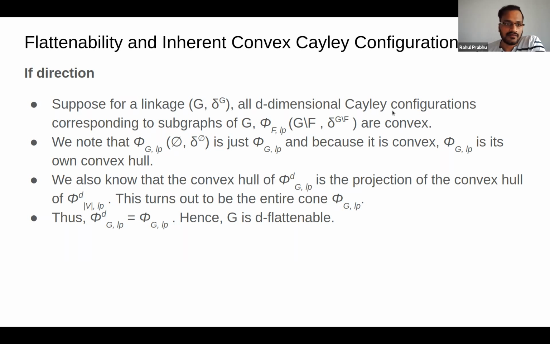We're asserting that they're convex, because here we said that for all subgraphs, this is convex.